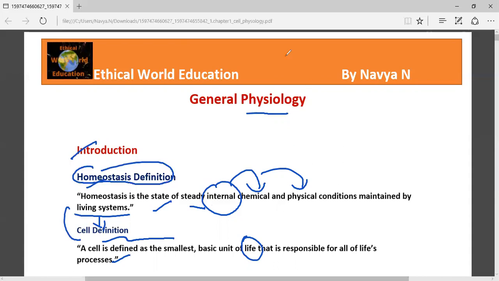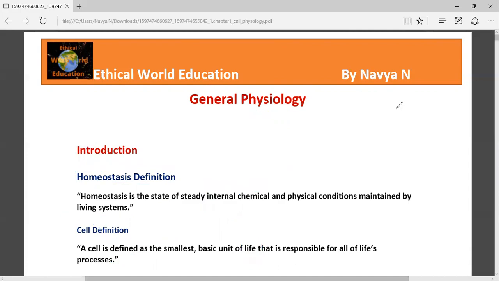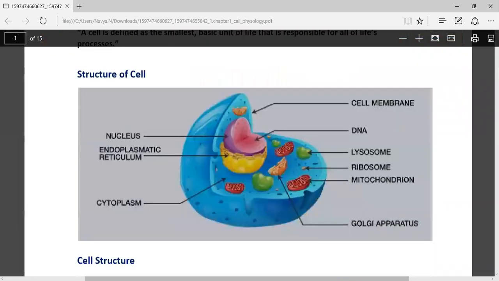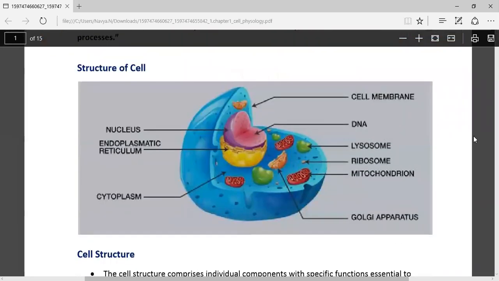And also we have many concepts, that is the structure of the cell. So this is the structure of the cells.